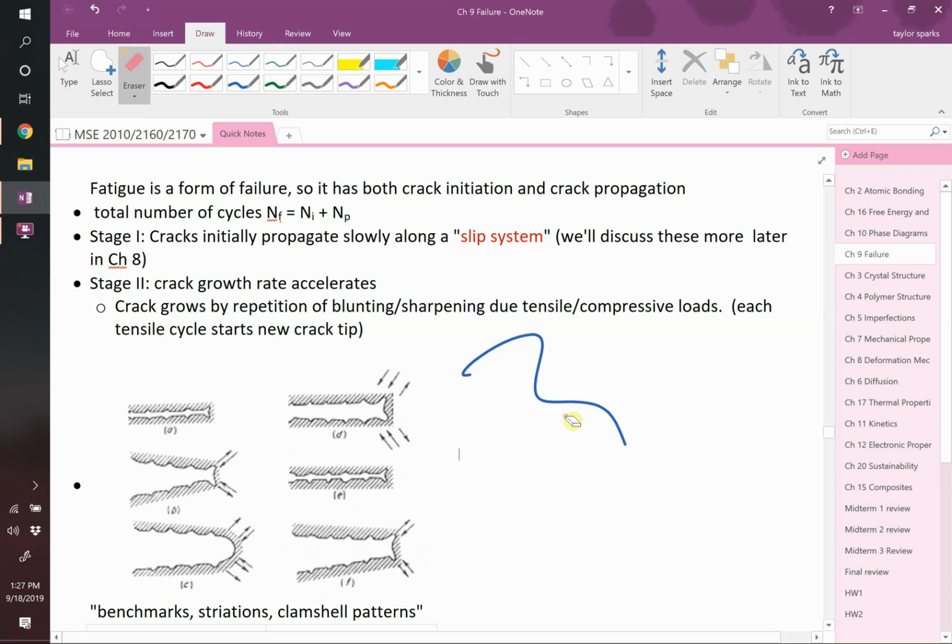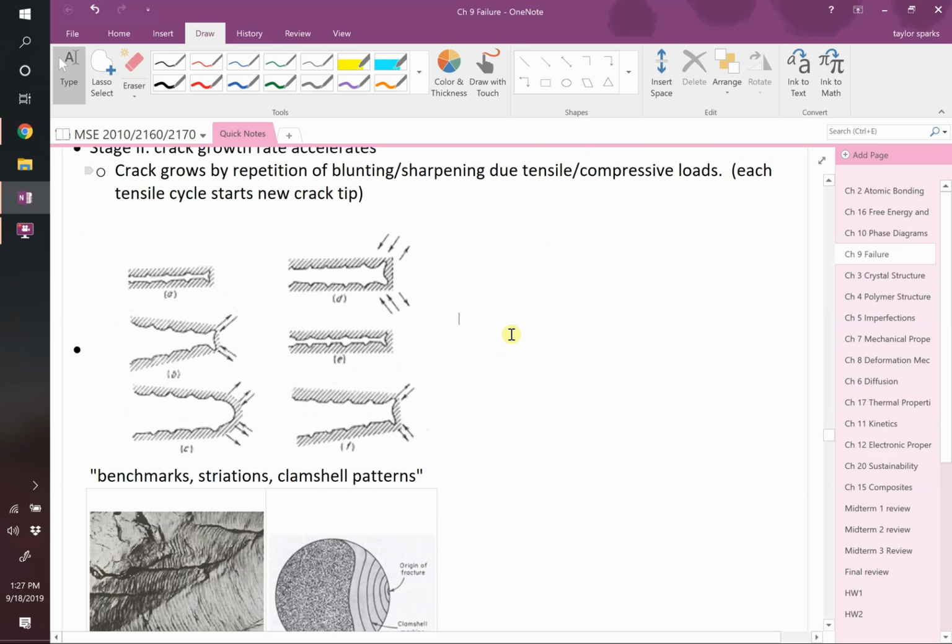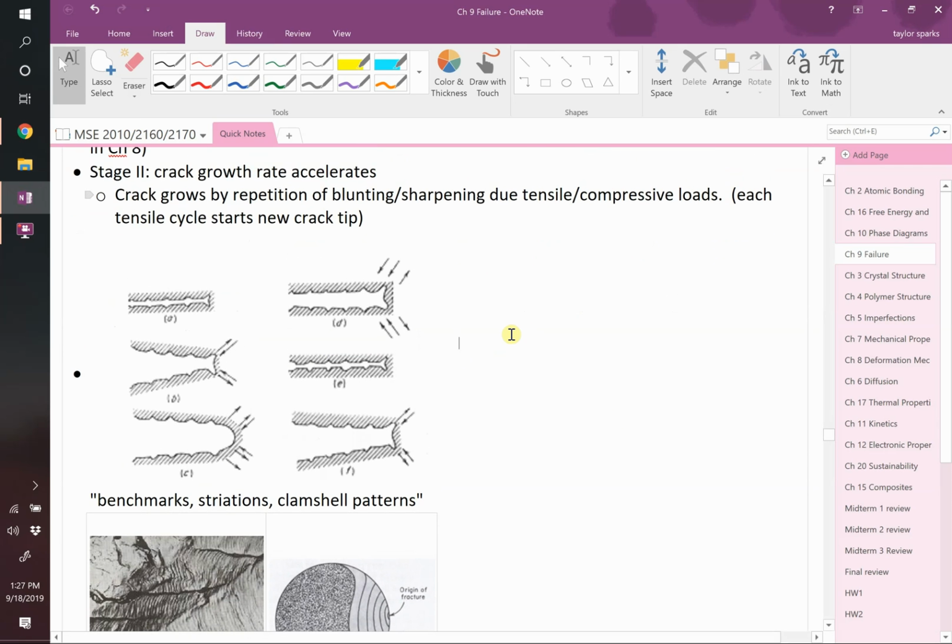Right? You've got initiation and propagation. You can, in some cases, see in this steady state crack growth regime, or in other words, there's a region of time where the crack growth is very predictable, which we'll show you the equation for in a moment.